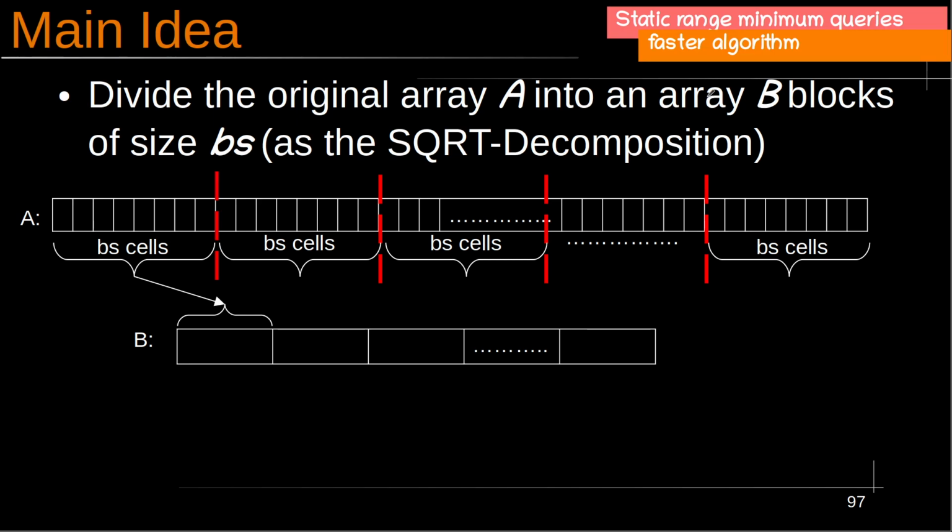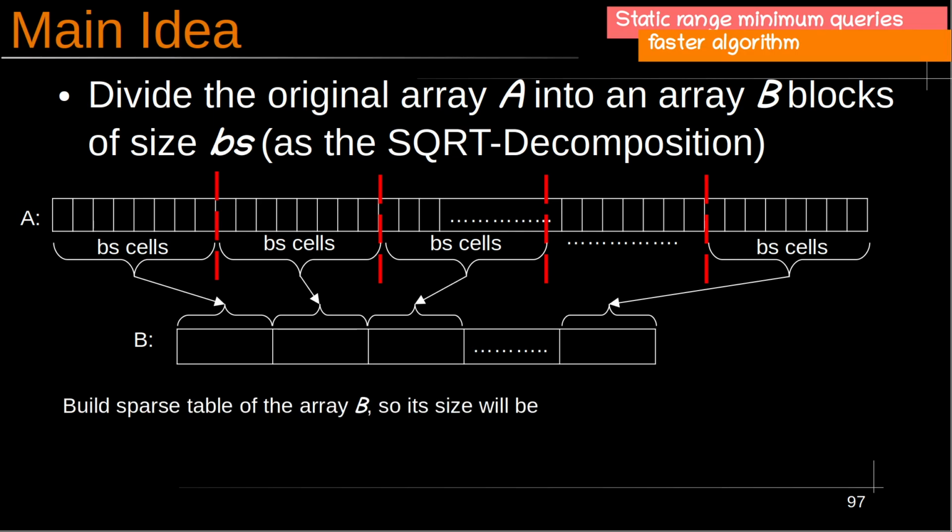So we have to compute F of the first block of cells, and the second, and so on until the last one. The tricky part here is to build the sparse table not on the original array A, but on the array B of blocks. So the size of the array B here is n over BS, because we divide the original array into BS parts, if you want.